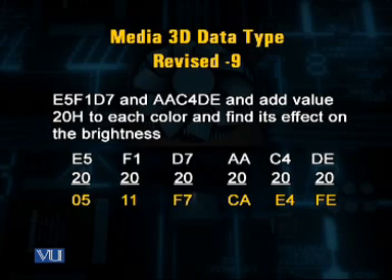This shows that the red and green brightness are now much less than the blue brightness. However, the pixel CA, E4, FE, which is the result of adding color to AA, C4, DE, is now brighter than its original color.